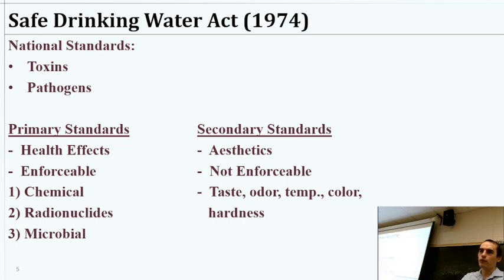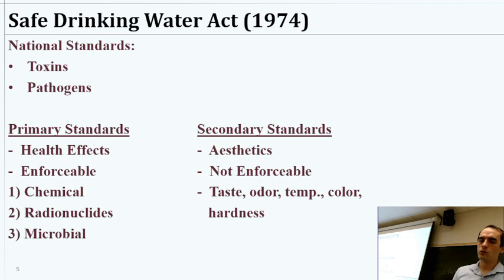Coming back to our standards in the US, which, by the way, a lot of countries will adopt either the US EPA standards or something like it, maybe change things a little bit to suit their own needs. The UN has some recommendations. I think Nicaragua tends to follow the EPA as best they can, at least in terms of their written regulations. So in the US, we have national standards for toxins and pathogens.